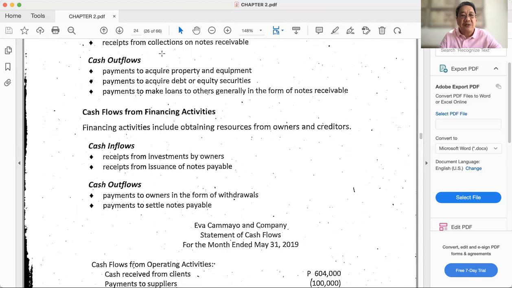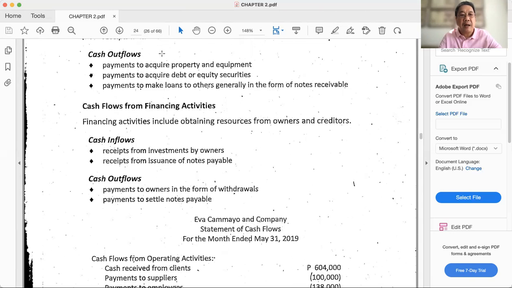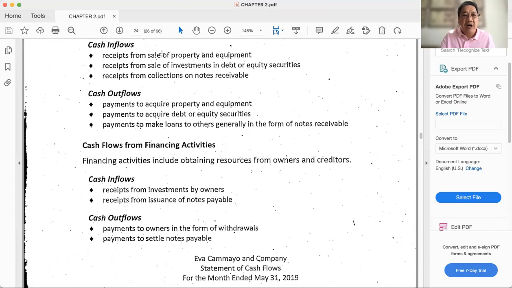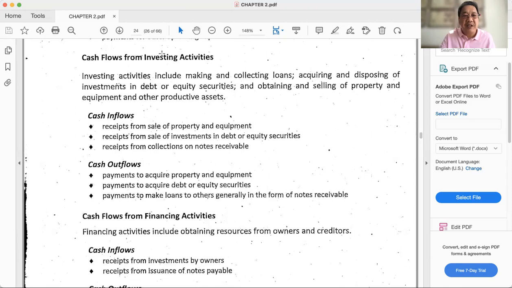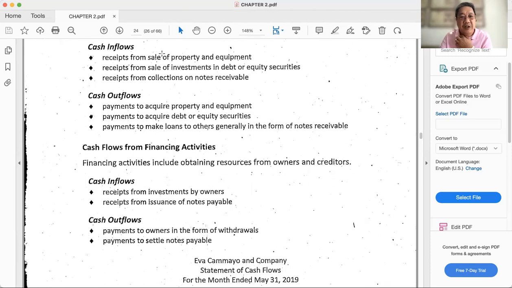Ano naman yung cash flow from financing activities? Receipts from investment, dagdag ka ng kapital. Receipts from issuance of notes payable. Ikaw ang nag-issue naman ngayon ng notes payable. Ikaw ang umutang, ikaw ang gumawa ng promissory note. Yun sa investing activities, may nagbayad na sa iyo ng notes receivables. Utang sa iyo.